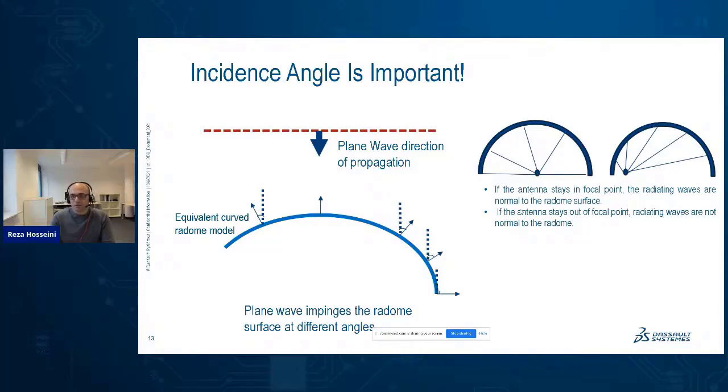In that case, there would be a difference in the panel modeling that we use. This is an effect that we will show later in our webinar. Therefore, it is important to see whether the radome, the FSS, is angular dependent or not, and then consider that for our further material modeling.